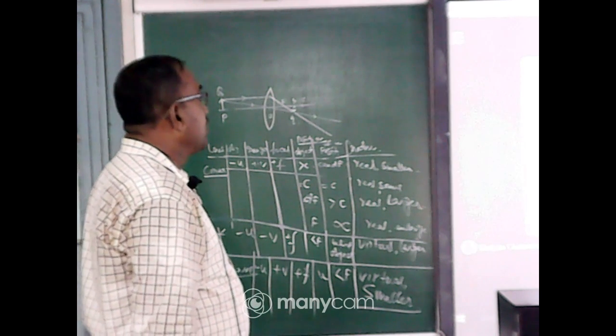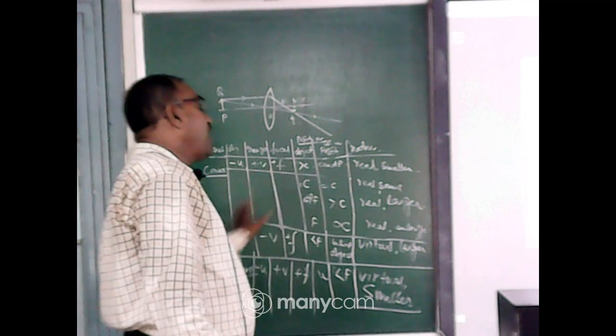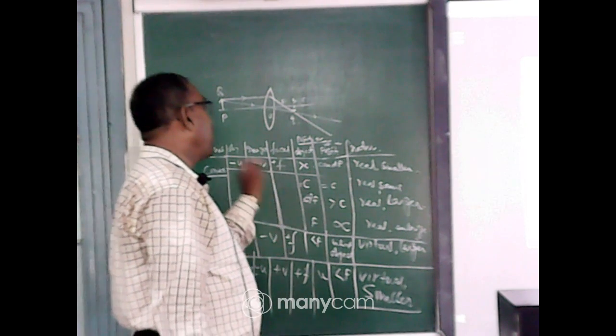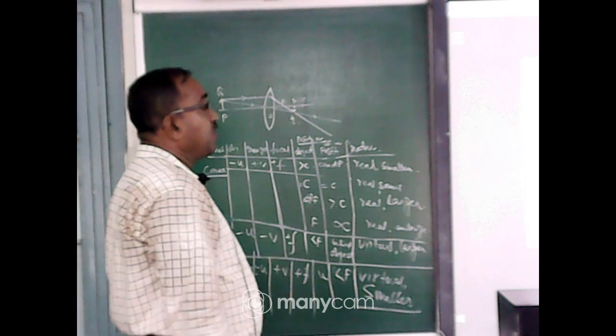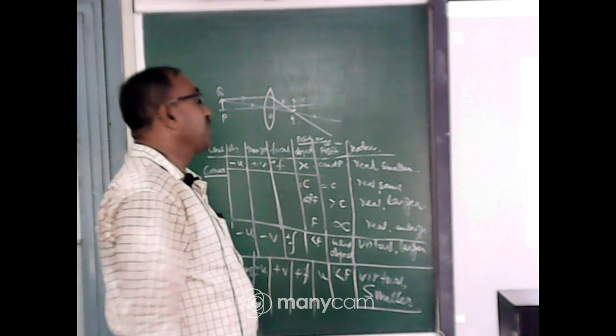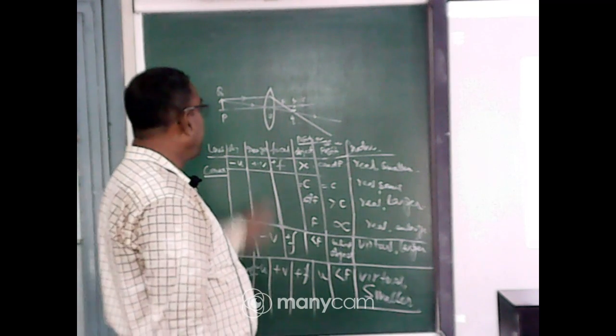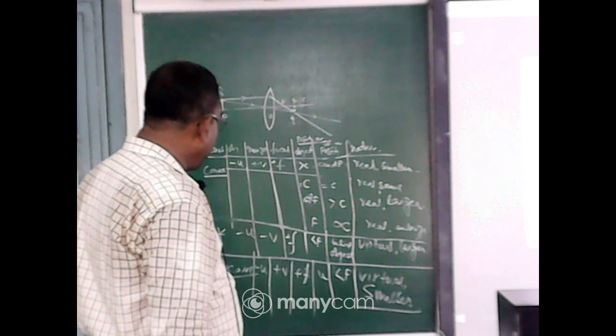Okay, so my dear student, you try to write it, you try to remember it, and from this you also know the magnification, you also know the power of the lens, because power of the lens indicates the plus or the minus. You check here.